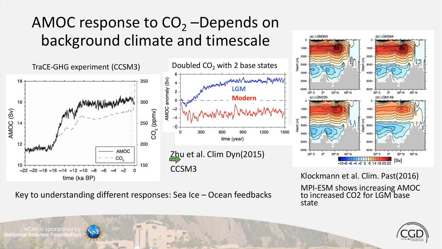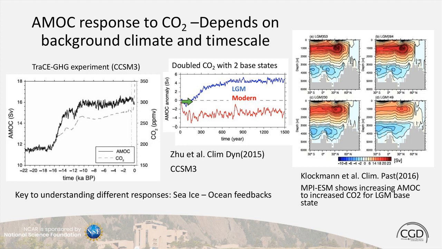In a study first authored by Zhang Zhu here in Climate Dynamics, he further explored this and found that the AMOC response to CO2 depends on the background climate state and the time scale. So initially, when you abruptly increase CO2 and double it in the LGM climate state or the modern state, you get a decline, like is shown over here, but then a recovery following that.